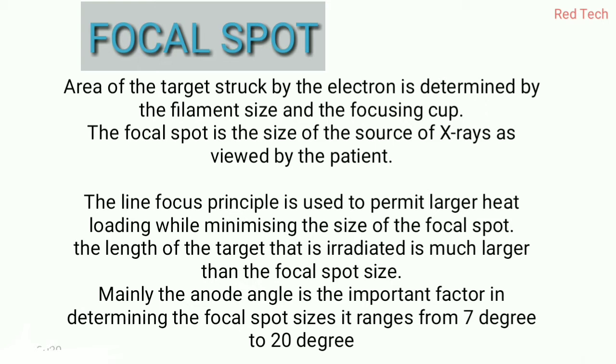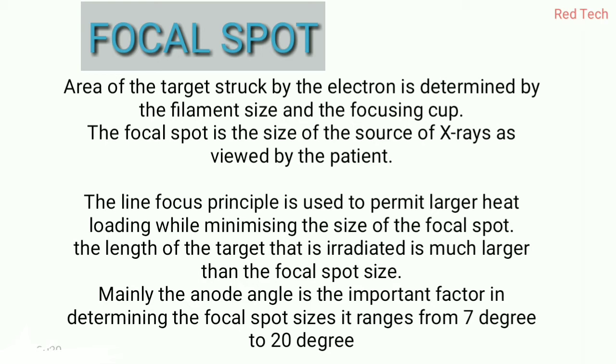So to ensure a small focal spot size, which is determined basically by the anode angle, which plays a vital role in this. And you have to remember the line focus principle. It allows large heat loading while minimizing the size of the focal spot.